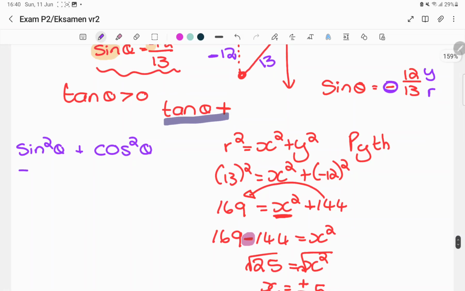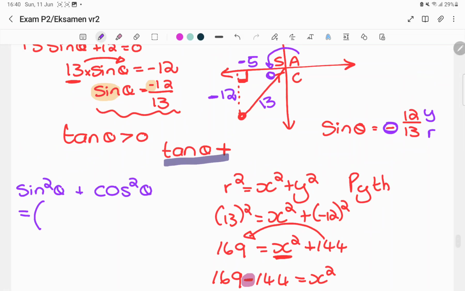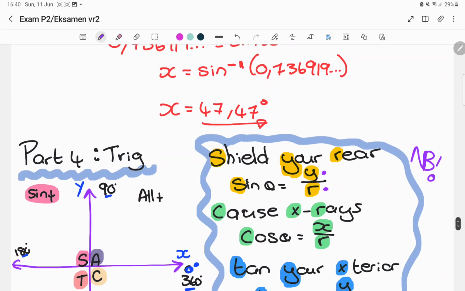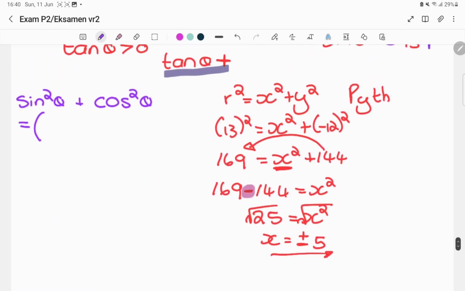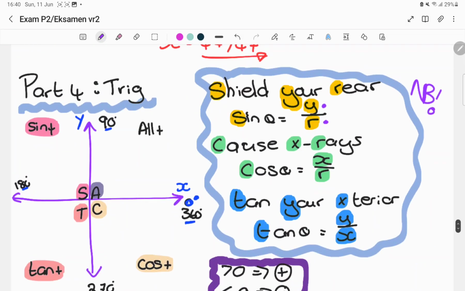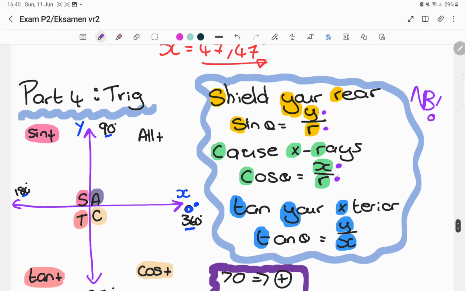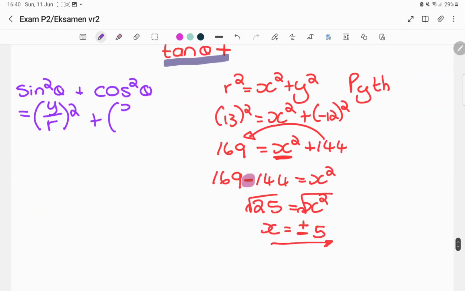Remember your sine, let's quickly go back. Sine is y over r, so it will be y value over r value, squared. And cos theta is my x value over my r value, so it's going to be my x value over my r value, squared. Now we substitute in.